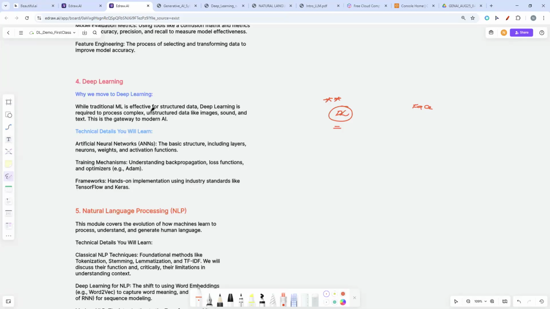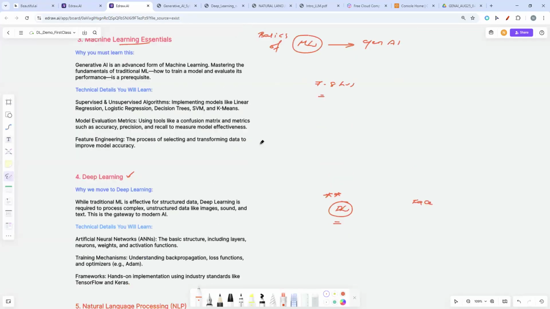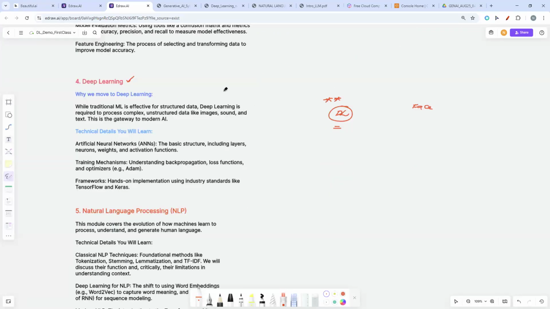That face detection technology can be explained using deep learning techniques. And also a lot more, ChatGPT or whatever LLMs you have, all of those have their foundations in deep learning itself. So even if you are not attending or enrolling in this course, this should be your path of learning. Remember that, or you can note it down.